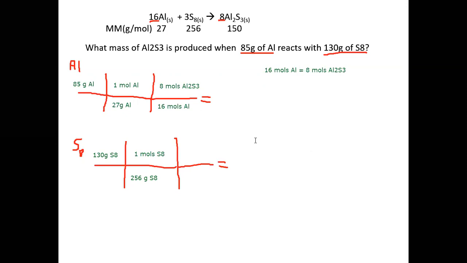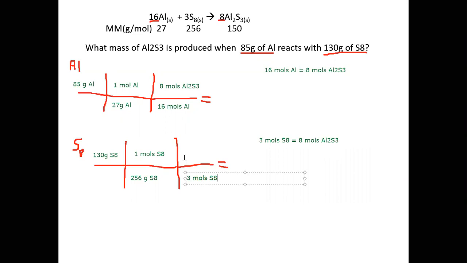And here for the mole ratio, there's a 3 in front of sulfur, so 3 moles of S8 equals 8 moles of Al2S3. Since we're starting with sulfur, it goes on the bottom, and aluminum sulfide goes on top. So now we can calculate the amount of moles of product produced by each reactant.